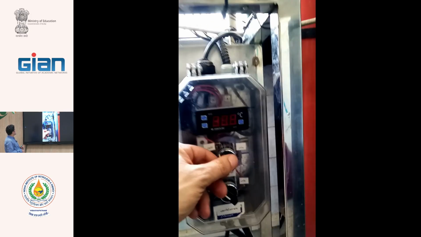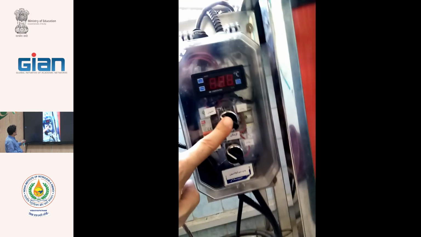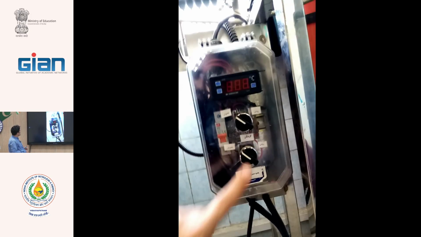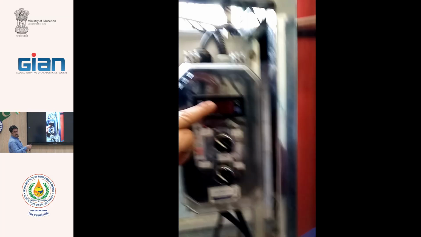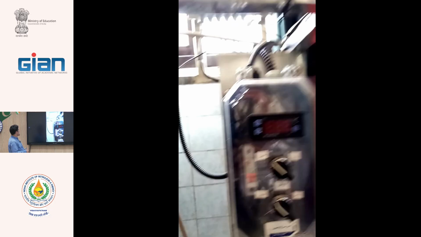For temperature control, we heat the feed water tank, and this circulation pump circulates the water in the system to control the temperature.